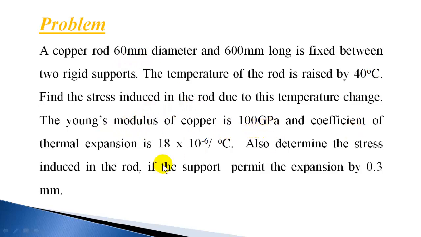E is given, coefficient of thermal expansion alpha value is given. So the first case is when it is completely constrained, you need to find the stress induced, and the second part is when it permits a thermal expansion of 0.3 mm, find the stress induced.